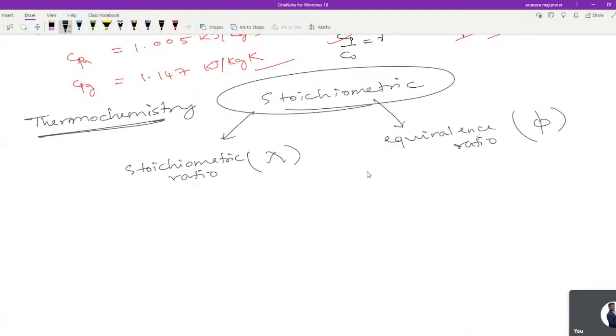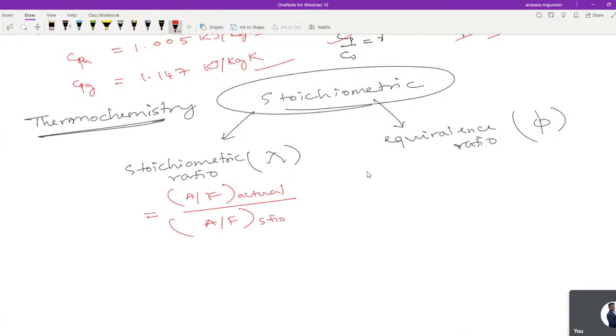Now what is the actual relation between them? Stoichiometric refers to the air to fuel ratio of the actual over the air to fuel ratio of the ideal, which we call stoichio. And what is equivalence?